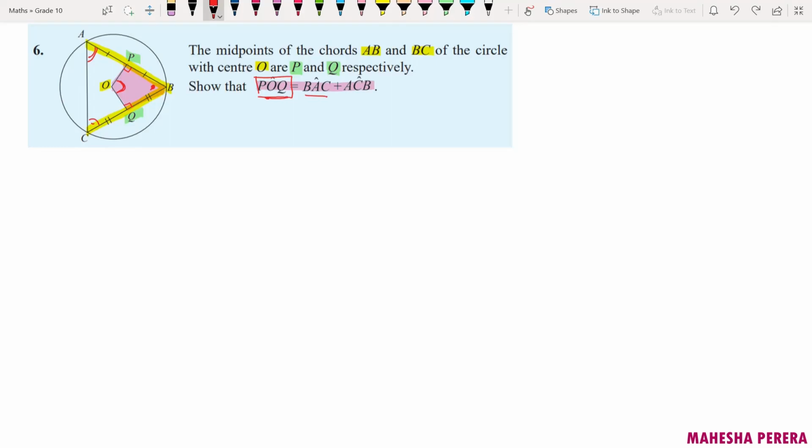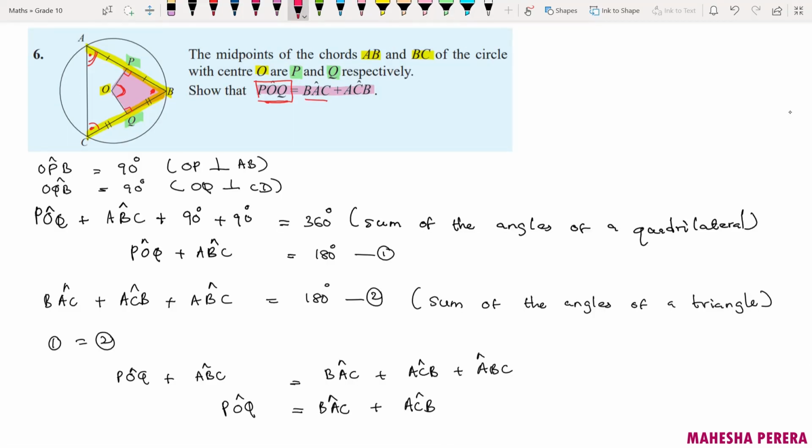How are you going to write this? You have to say this angle plus this angle and this angle become 180 degrees. These are the steps that you are going to write. First, you should say that these two angles are 90 degrees because of our theorem.